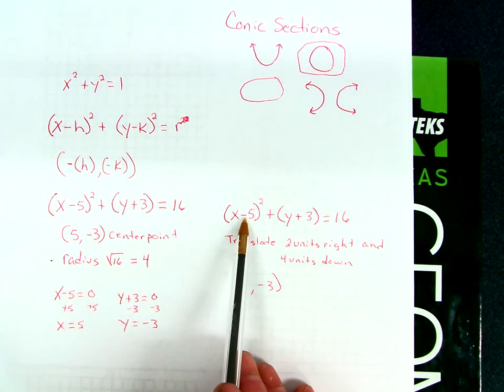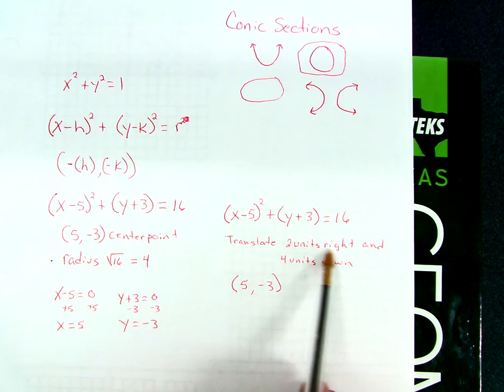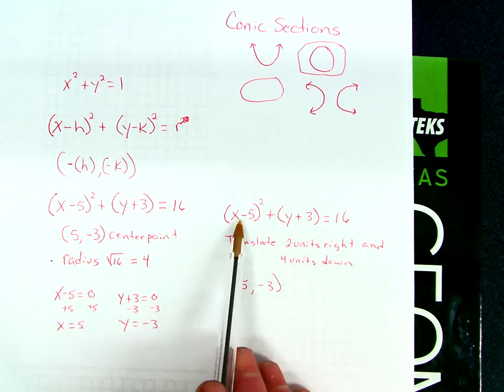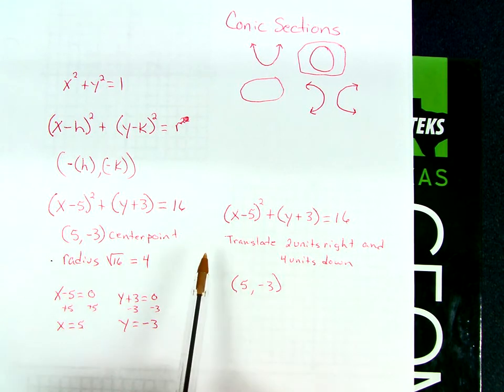A minus sign here means move to the right. I know, on the number line, it's the positives that go to the right. A plus sign here would make it move to the left. So this one, from the origin, we go to the right 5. If I need to go 2 more to the right, then I can subtract 2 more from this value.